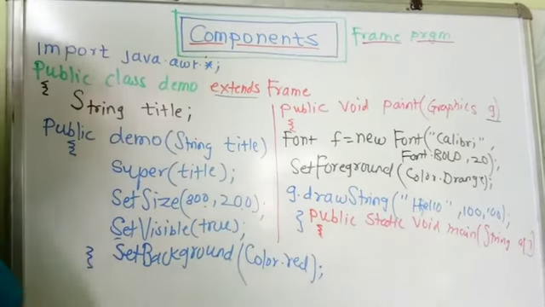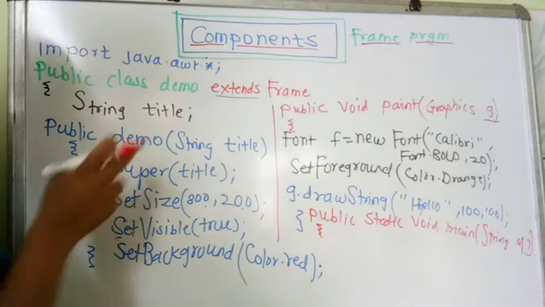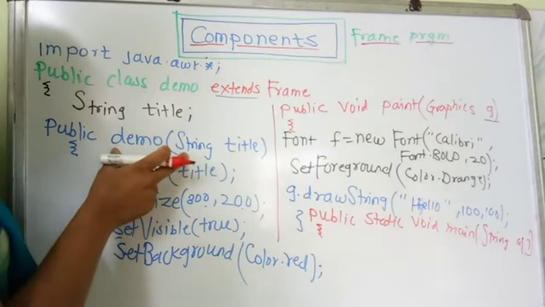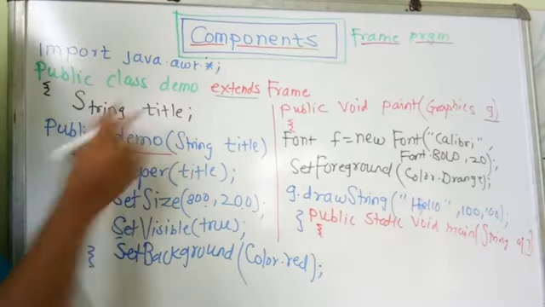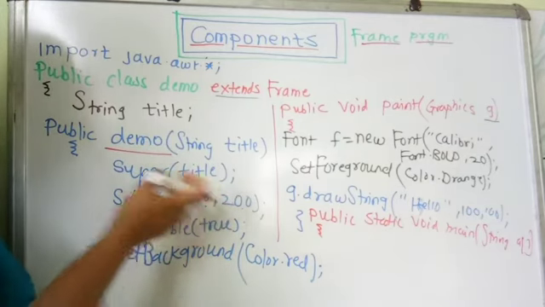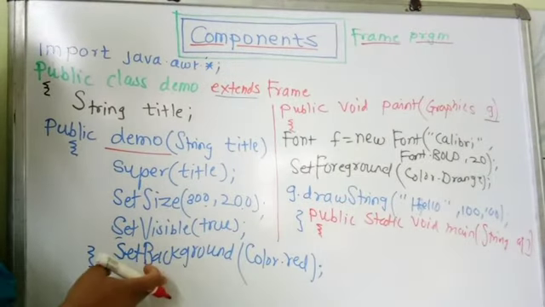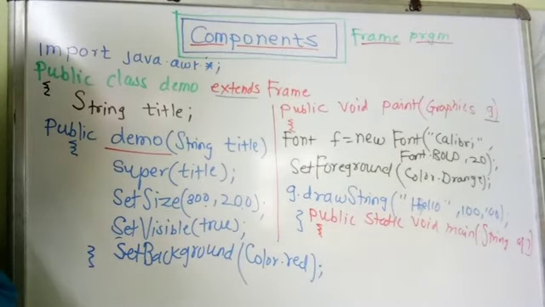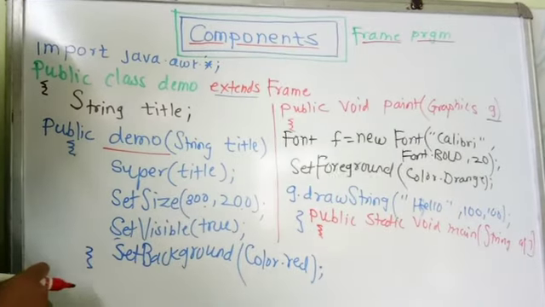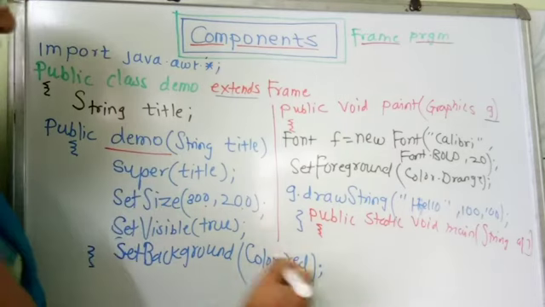As we had only created the constructor of this main class and given the title to it, after that it automatically creates this graphic on this screen. Now there is no need to call this paint method separately, so only call the constructor of this main class.